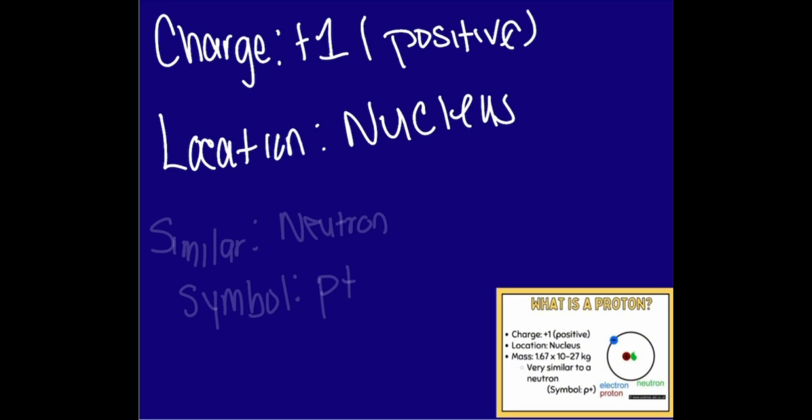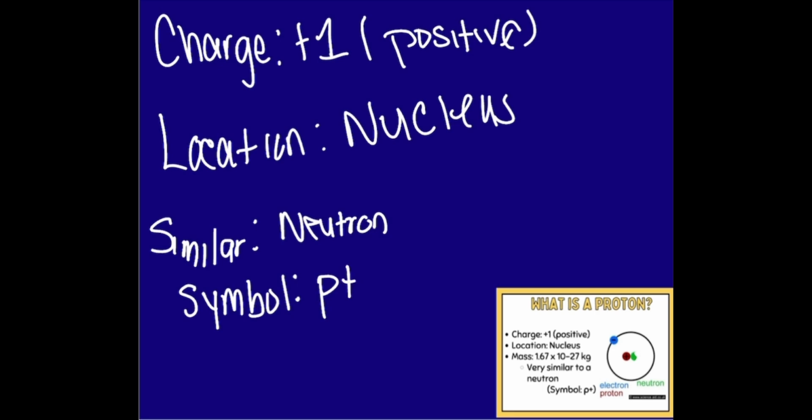You can also see that the mass of our proton is 1.67 times 10 to the negative 27 kilograms. Now, our proton is very similar to a neutron, and I need you to keep note of this. The symbol for our proton is P positive.